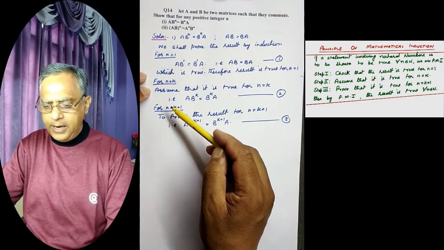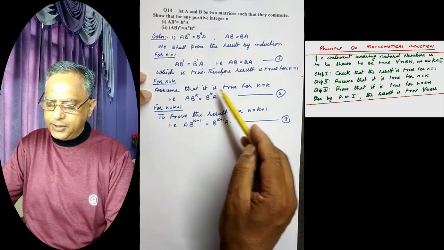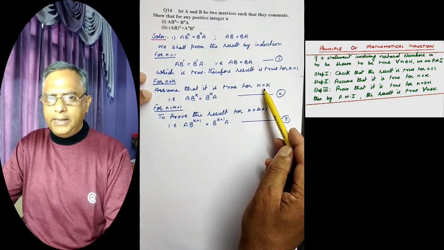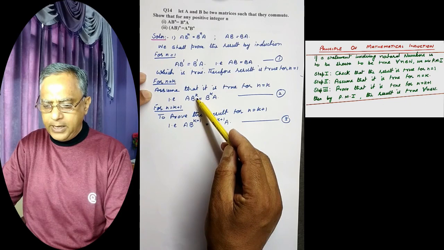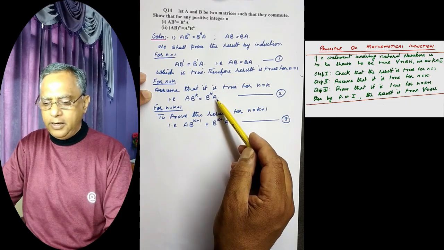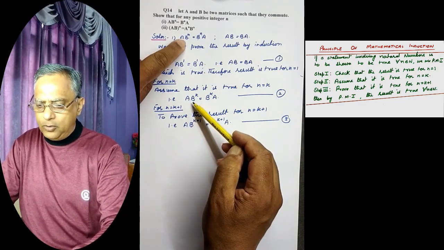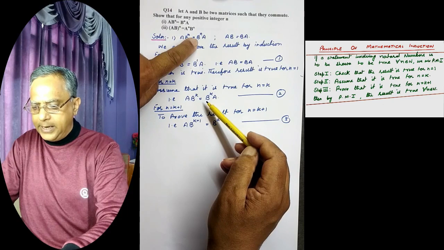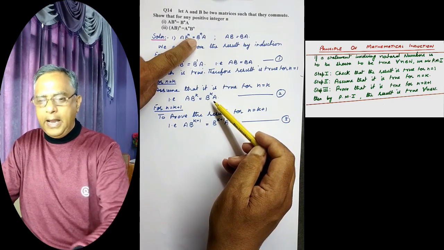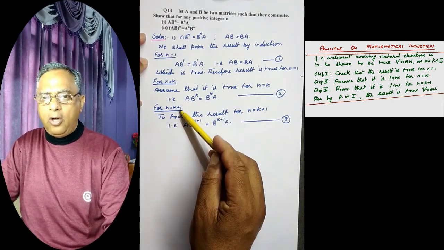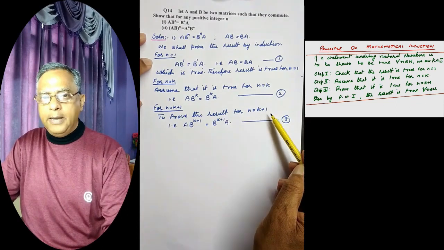Now you assume it for n equal to k. Assume that it is true for n equal to k. That is, AB to the power of k is equal to B^k into A. And we have to prove the result for n equal to k plus 1.